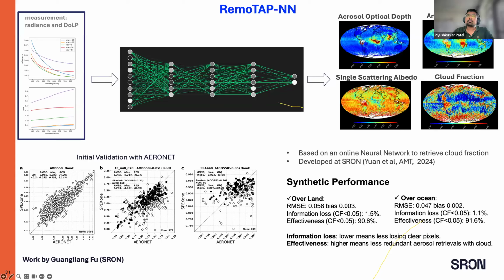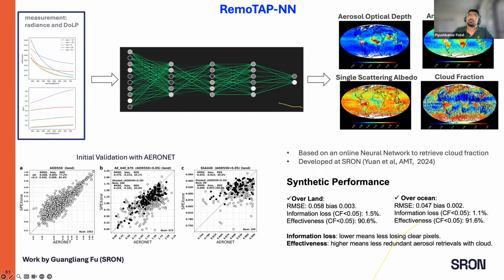So cloud fraction is also used for cloud masking, or I can say removing the cloudy pixels, because aerosol can only be retrieved during clear sky. For cloudy pixels or cloudy sky, we cannot retrieve the aerosol because the cloudy pixel will give you a lot of uncertainty in the aerosol retrieval. So we need cloud information to remove those pixels which are covered with cloud.